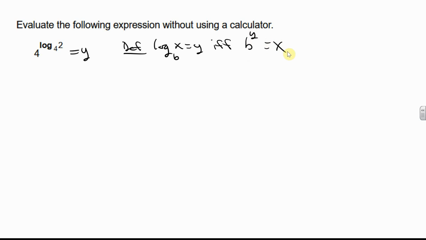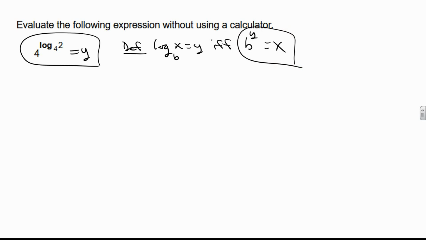This is already written in the form of b to the y equals x, but here the y is representing the x. Let's identify without confusion, because we have mixed terminology with the x and the y. All I'm saying is that this looks like this.